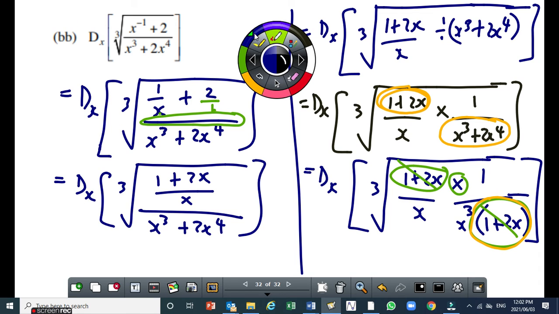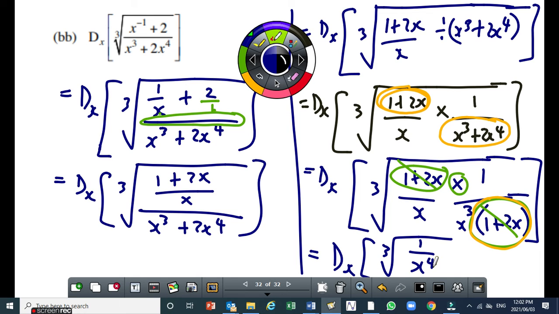So it's going to be very simple now. It will be d of x of the cube root of 1 over x to the power of 4, because x times x cubed is going to be x to the power of 4. Then we need to remove that x to the power of 4 from the denominator, so it becomes x to the power of negative 4.